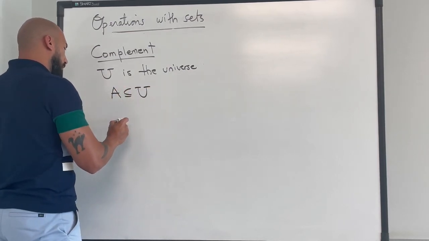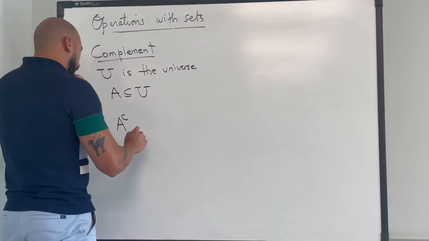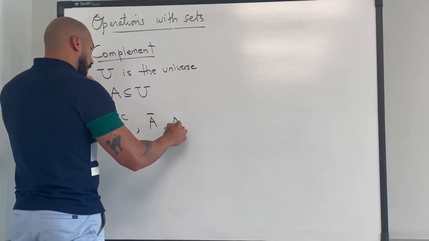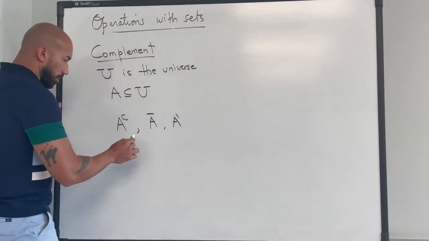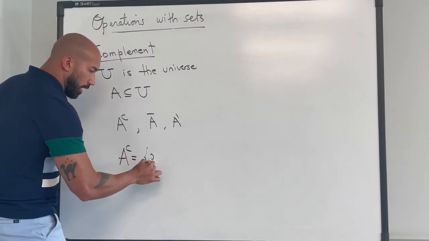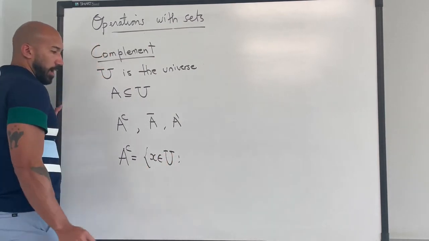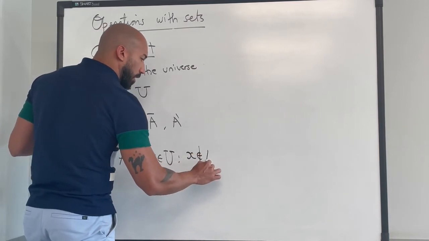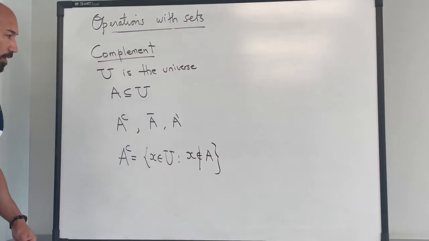So the complement of A, and I will use this notation, but there are many classic notations, I will use this one here, is those elements in the universe such that it is not in A. Okay?